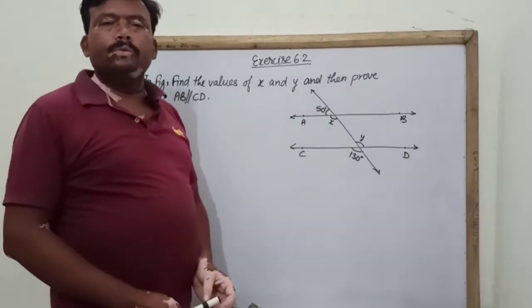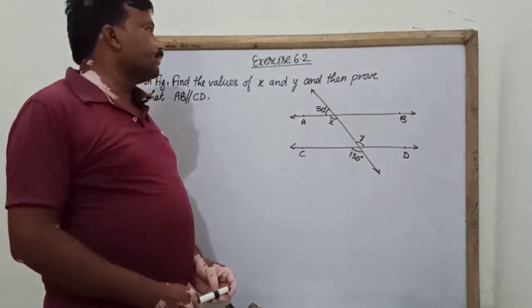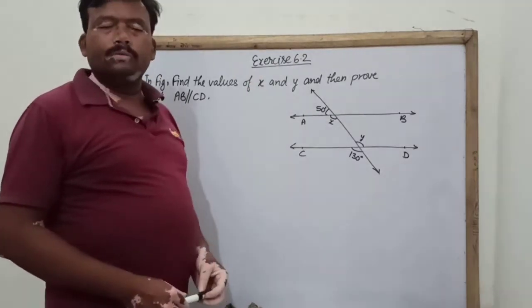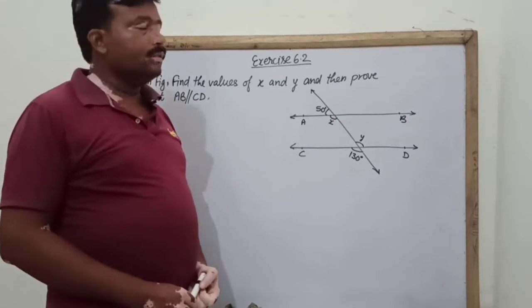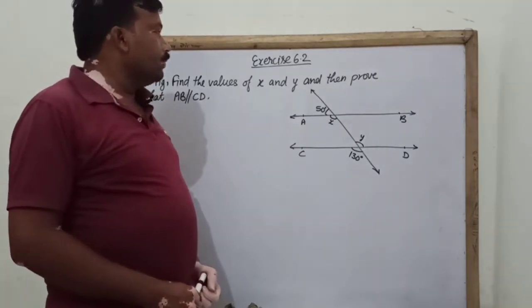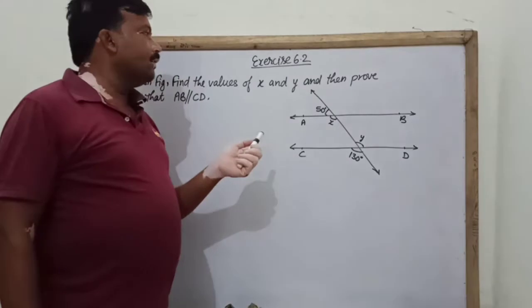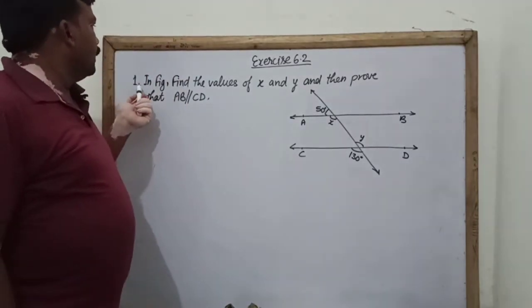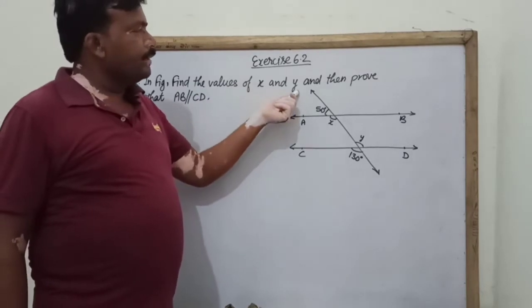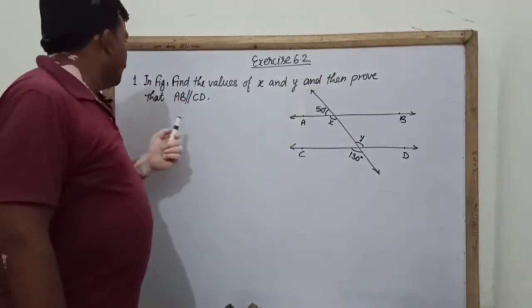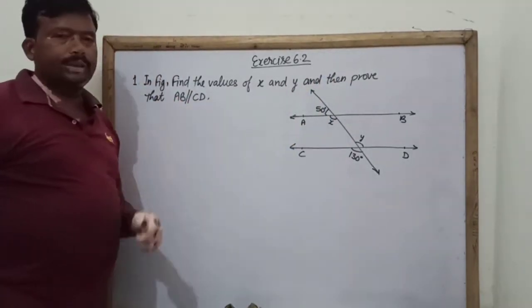So now we move to the class exercise 6.2 for class 9 NCERT book. Then first numerical is: in figure, find the values of x and y and then prove that AB parallel to CD.